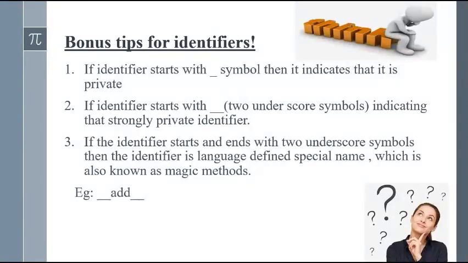If an identifier starts with two underscore symbols, it indicates a strongly private identifier, for example __init. If an identifier starts and ends with two underscore symbols, like __add__, it means it is a magic method, a special name. These come under magic methods.